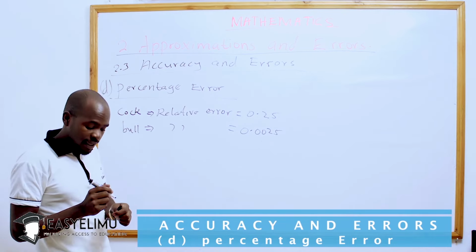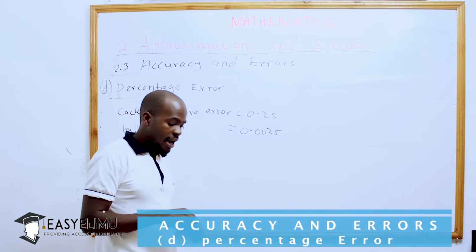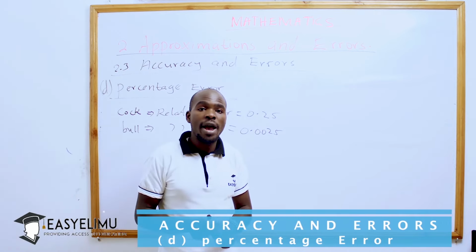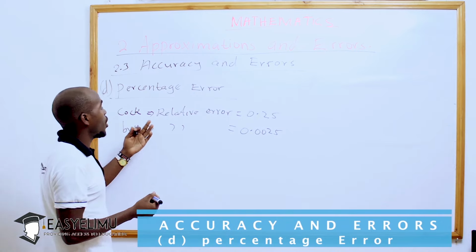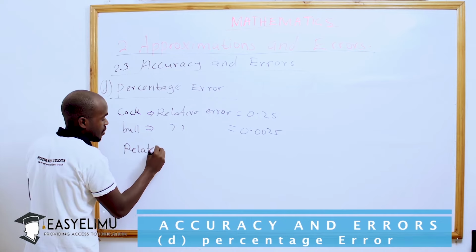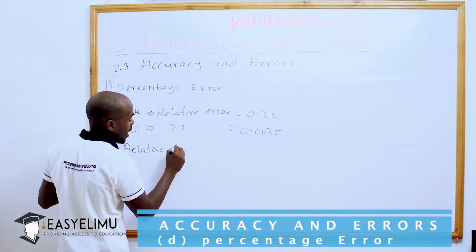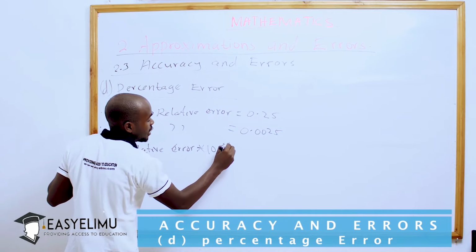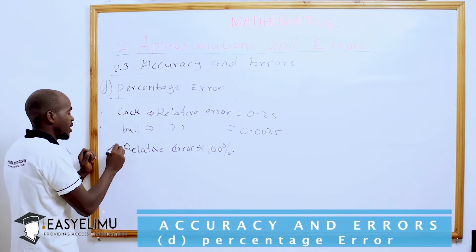Now we can find the percentage error. For the percentage error, we take the relative error multiplied by 100%. What you have as the relative error here, you multiply it by 100% and you shall find the percentage error of that given measurement.